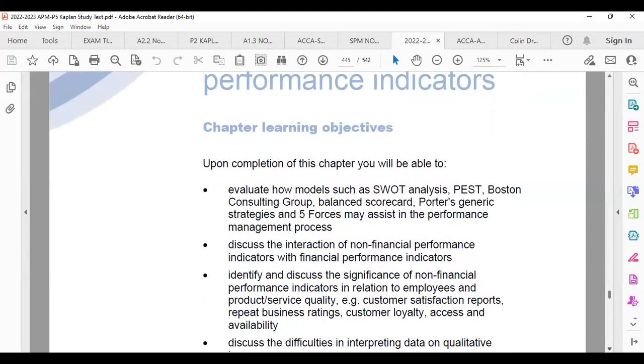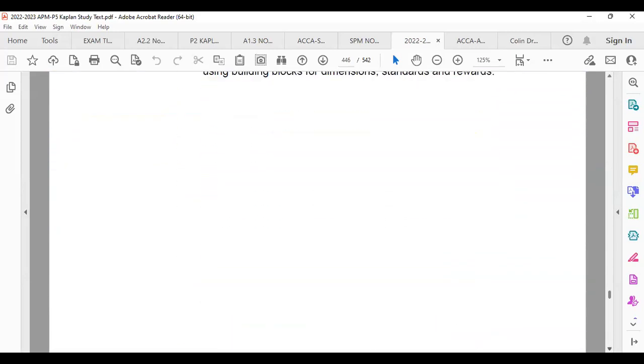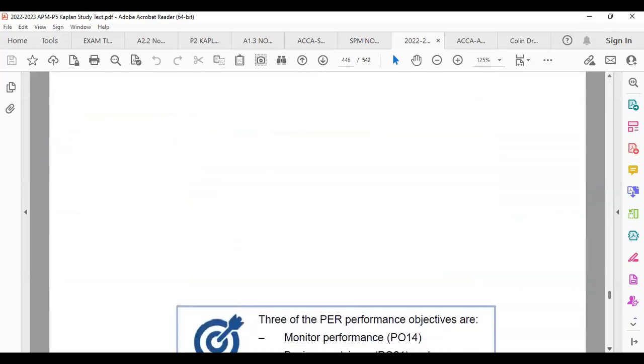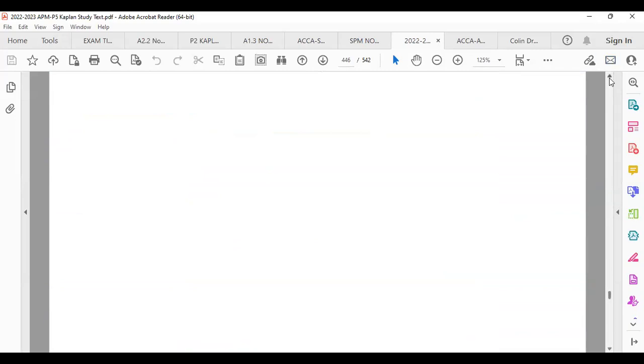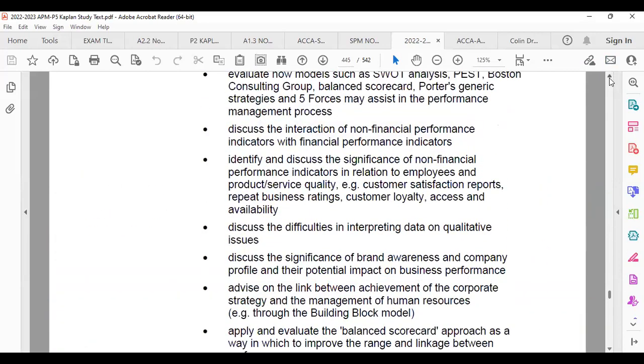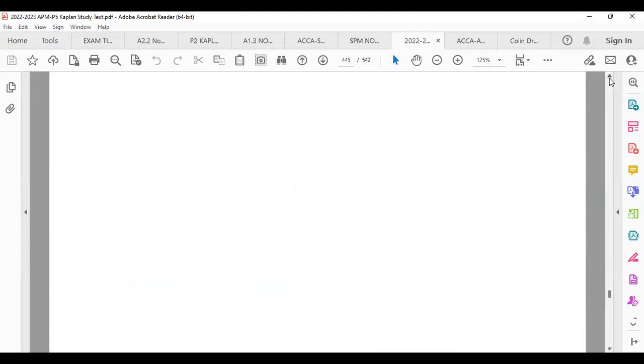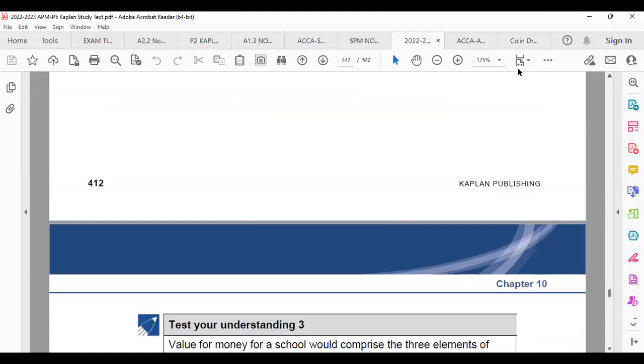For those who feel like they want to explore more, the non-financials are represented in that book, in some page there, maybe page 415 and something. There is a chapter called non-financial. It immediately starts after we finished the issue of transfer pricing.